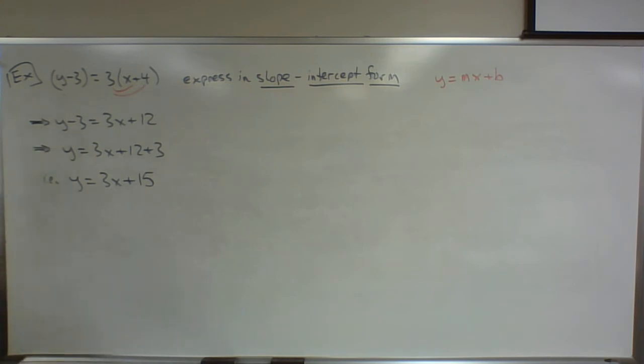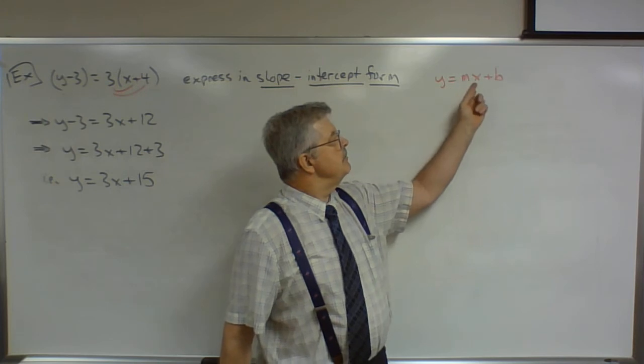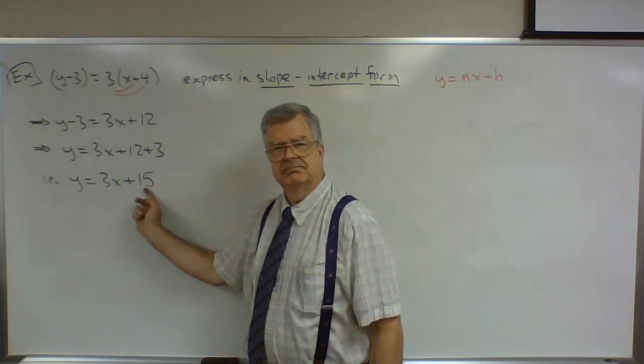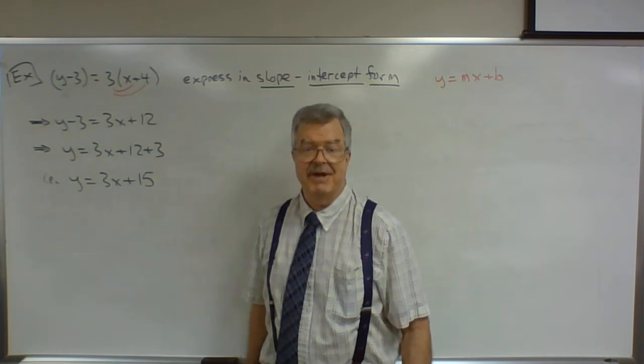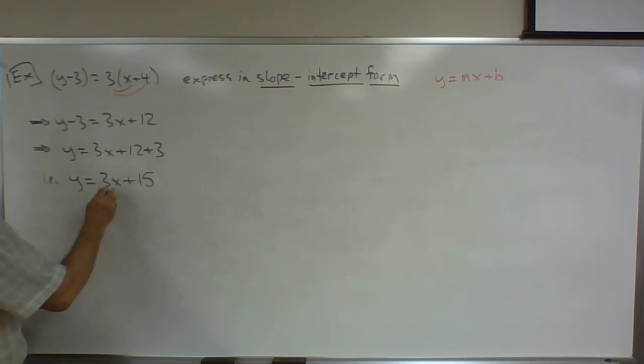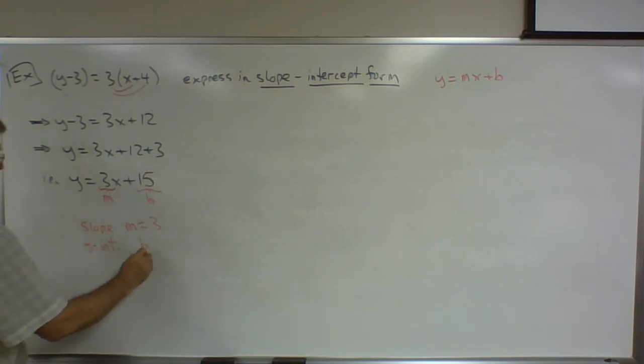Now what else do we need? We need it in the form of y equals something times x plus some number. Something times x. Ha! We got it already. And just for emphasis, this is going to be our slope. And this is going to be our y-intercept. So slope, m equals 3. Y-intercept, b.